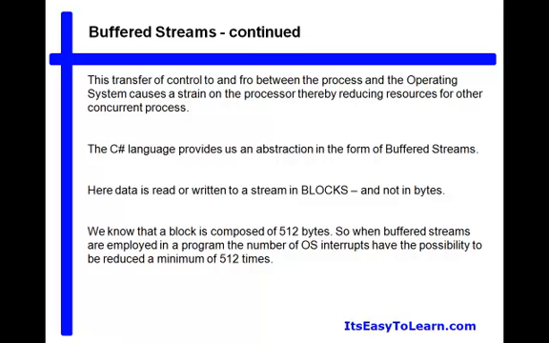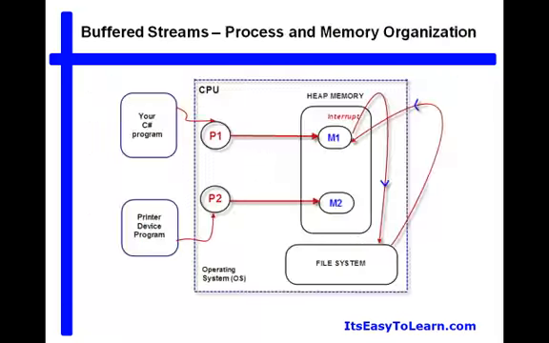So when the next read comes, it does not cause an interrupt again, but reads from the internal memory. This way the number of interrupts is reduced using buffered streams.